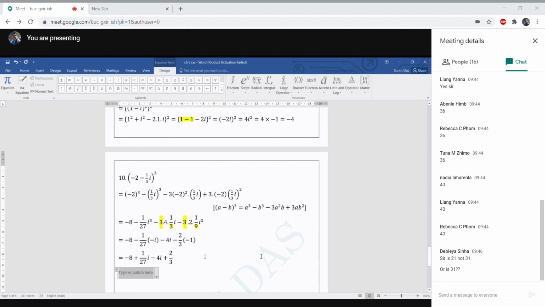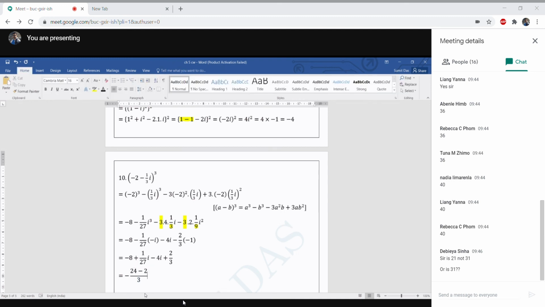Then next line, if you simplify this one, you will get minus 3, I'm adding this 2. 3 into this will be 24 minus 2, plus, if you take i common, it will be 1 by 27 minus 4.